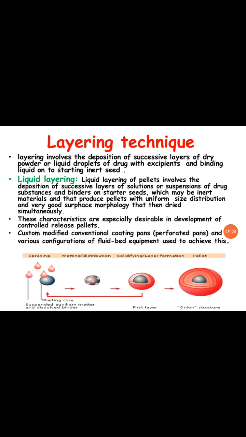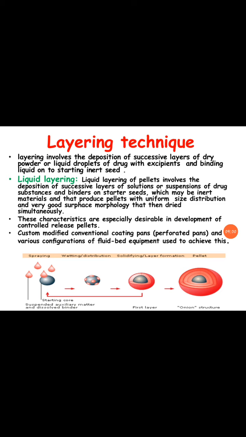The next method is the layering technique or encapsulation technique. Conventionally, it is the deposition of successive layers of dry powder or liquid, hence the names liquid layering or solid layering, with excipient and the binding liquid onto a starting inert seed.